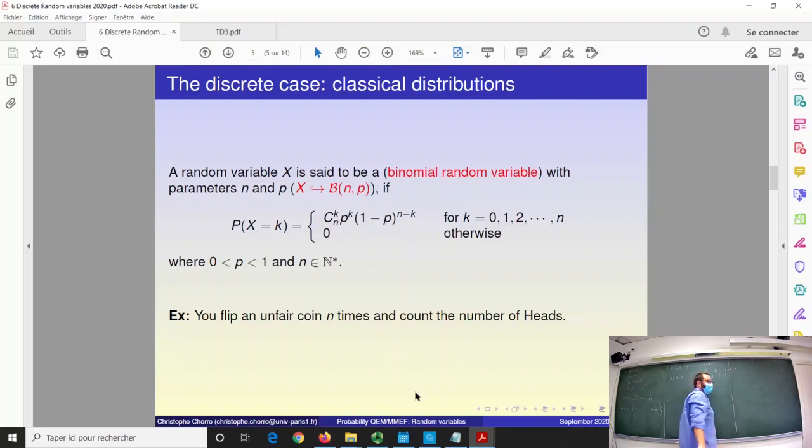That is a priori what you have to prove, just the definition you have on the slide.